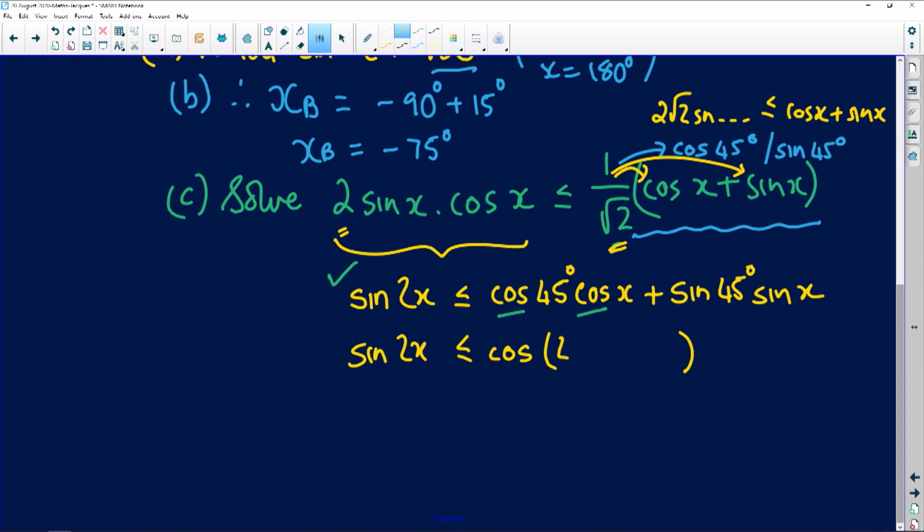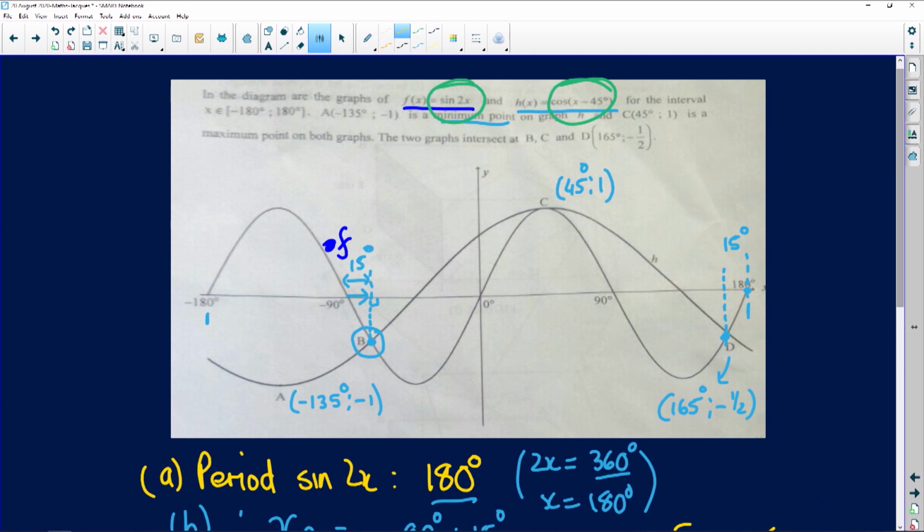Well, it's going to be 45. And now you've got to look at the sine that's over here. Cosine of cosine, cosine, sine, sine. We use the opposite of that sign. So in our bracket, we'll have minus x. Now let's see if that is what we wanted. Yes, we've got the 2x over there, and we've got the x minus 45.